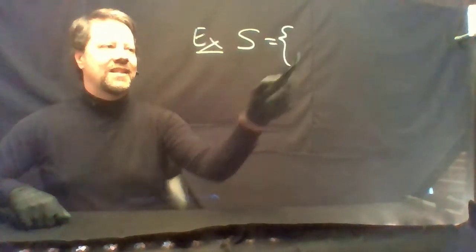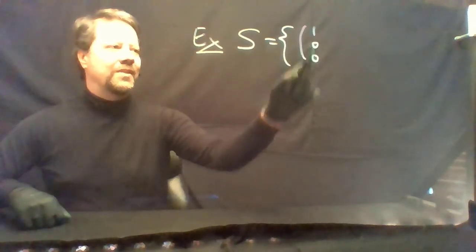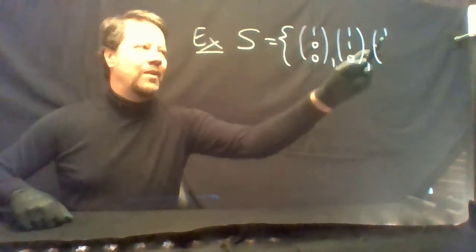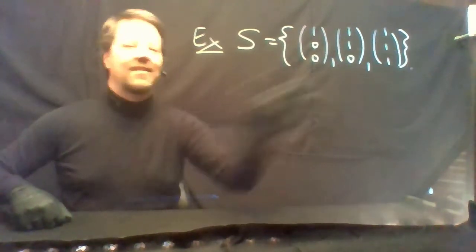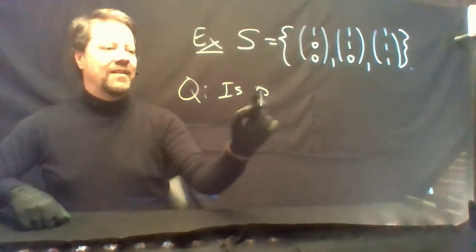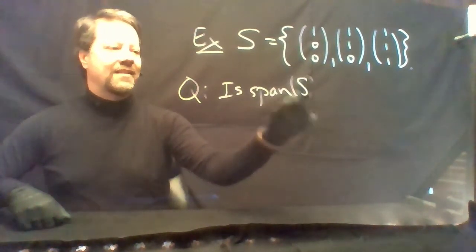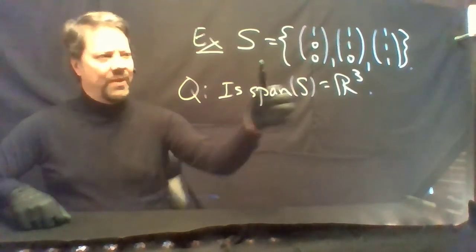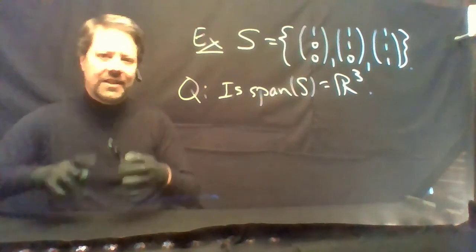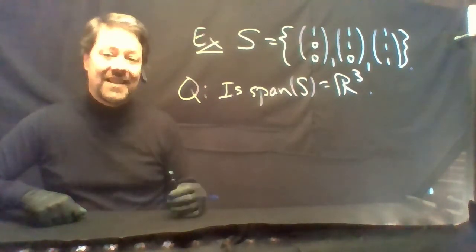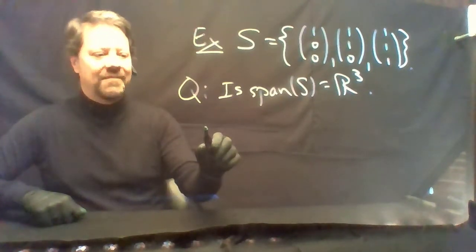In our next example, suppose our set S contains the vectors (1, 0, 0), (1, 1, 0), and (1, 1, 1). Question: is the span of this set equal to everything in R3? When we find linear combinations, do we actually go throughout the entire space? The answer is pretty easy to check.